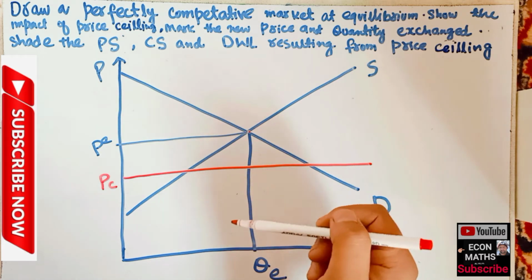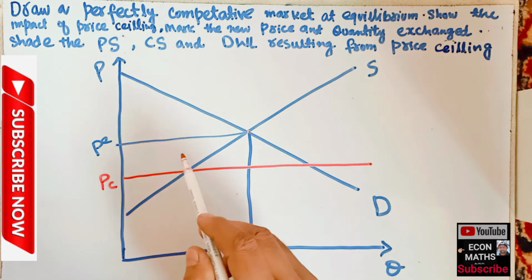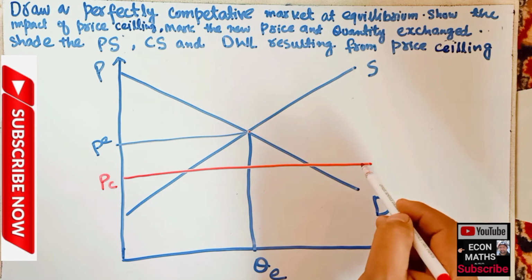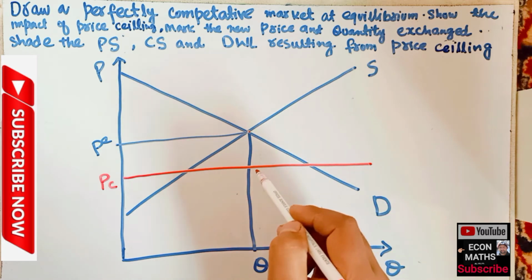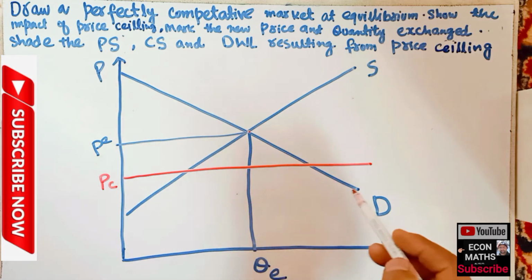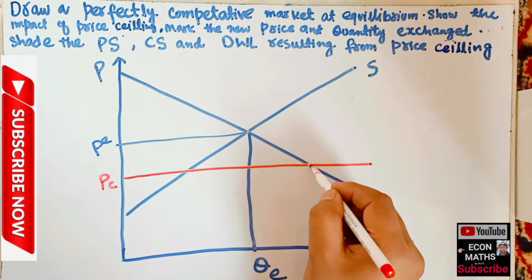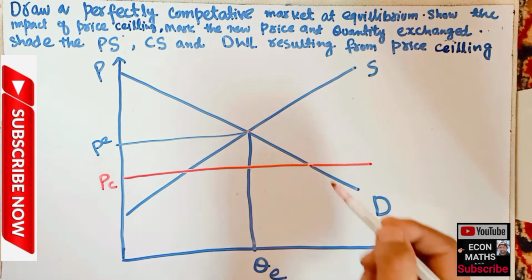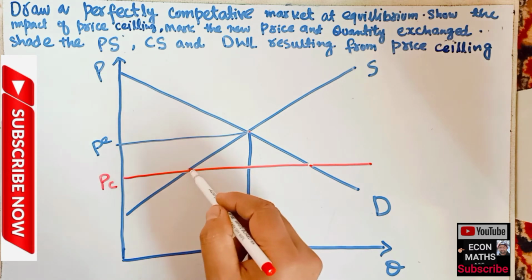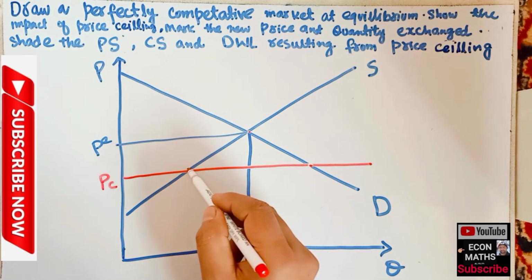Here the quantity demanded at this artificially low price will be higher than the quantity supplied. On this line we can see that the quantity demanded is this much, but the quantity supplied is only up to this point.